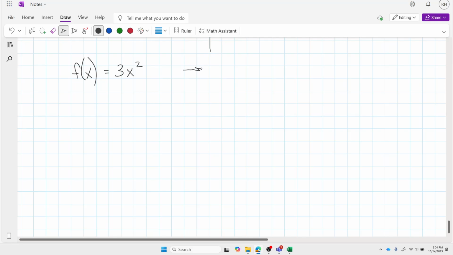So if we wrote this in vertex form, it would be f of x is equal to 3 times (x minus 0) squared plus 0. So our axis of symmetry would be at x is equal to 0, and our vertex is going to be 0, 0 again.